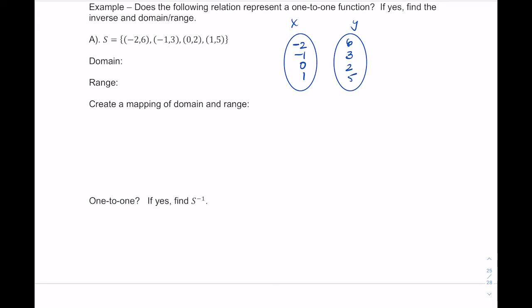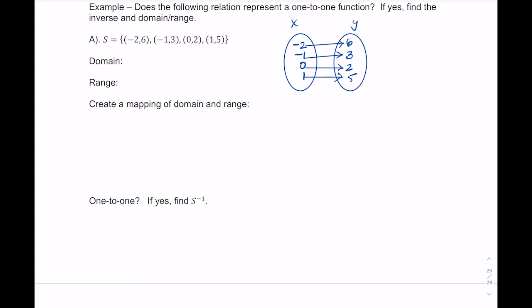And now if you draw an arrow from each x to its corresponding y, you can see that only one arrow goes from each of the x's to the y's. So there's no shared x's, there's no shared y's. So yes, this is a one-to-one function, okay?